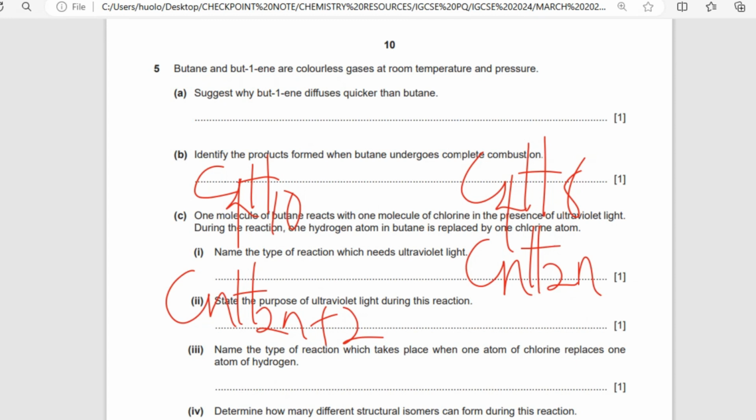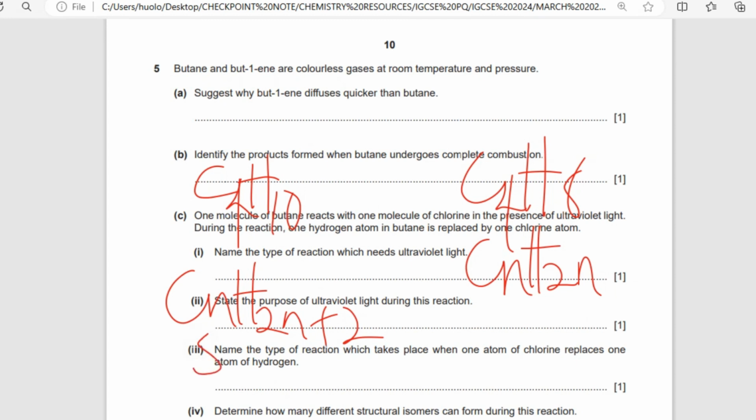So obviously, even though the mass difference is small, just a difference of 2 hydrogen atoms, 4 times 12 of carbon is 48, plus 10.